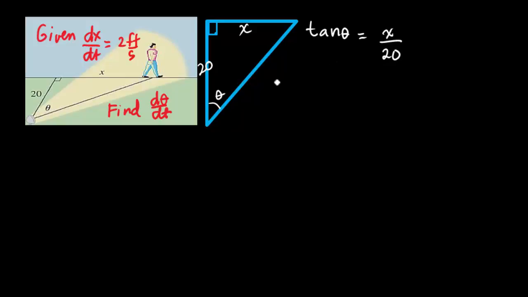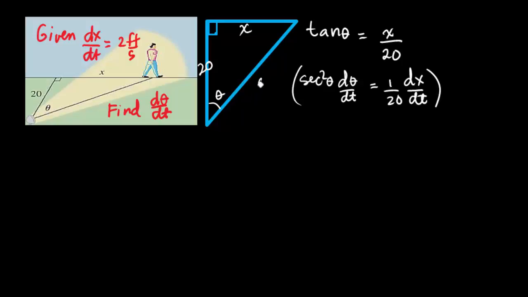Remember, the 20 is fixed. Now differentiating both sides with respect to time, the derivative of tangent is secant squared θ, multiplied by dθ/dt, because θ changes with respect to time. X changes with respect to time, so you have 1/20 dx/dt. Now we're solving for dθ/dt. What would get rid of the secant?